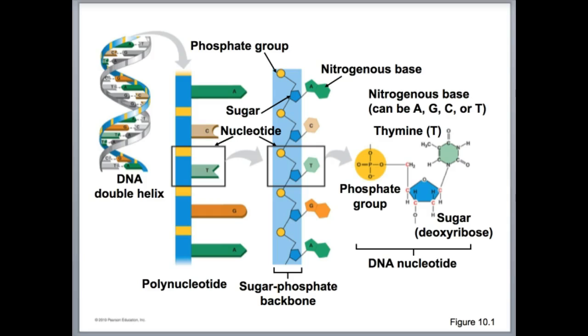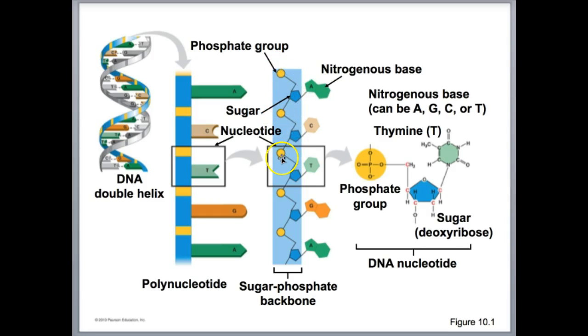So we see here a picture that demonstrates the molecular components of DNA. And usually a DNA molecule looks really complicated and it has all these parts and pieces. It's really not that complicated. We have this sugar phosphate backbone right here. The phosphate is represented as yellow, the sugar is blue, and we see it repeats.